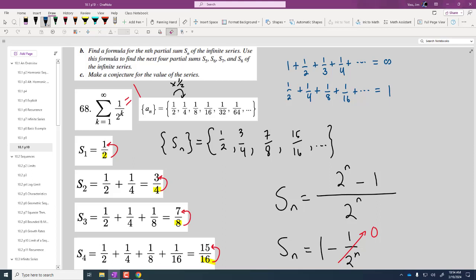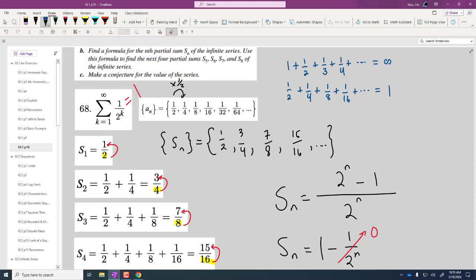So if the terms don't go to 0, what must be true? It must diverge. If we're adding things that are getting a little bit bigger, it must diverge. So for a series to converge, the terms have to go to 0 and they have to go to 0 fast.